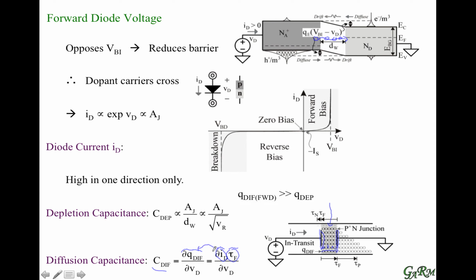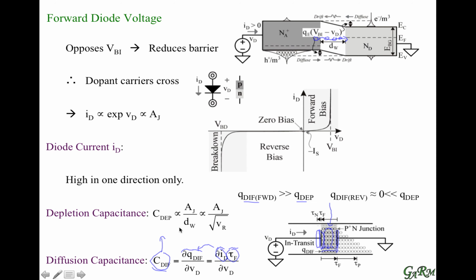When we're forward biased, we have a lot of charges crossing, and the number of those charges are actually going to overwhelm the charges that were held by the depletion capacitance. So diffusion charges are much higher than depletion charges. That means that the diffusion capacitance is much greater than depletion capacitance.